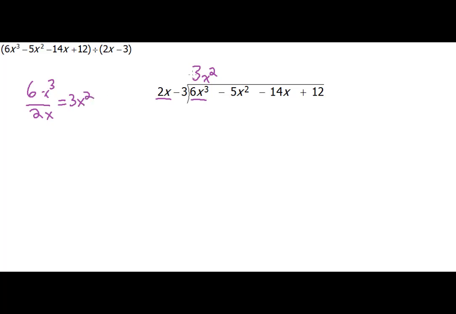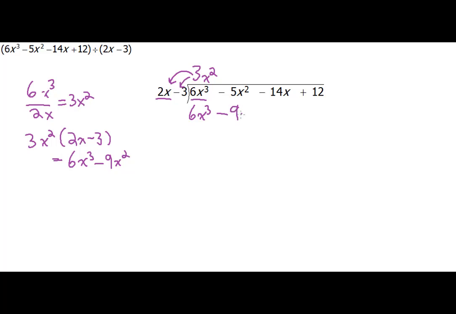Then I'm going to distribute this 3x squared here, and you can always do this on the side. So you can come on the side here and distribute 3x squared times 2x minus 3. And that's going to equal 6x cubed minus 9x squared. And that's what's going to go right here. Now I know I've done this right because these first two terms match up.